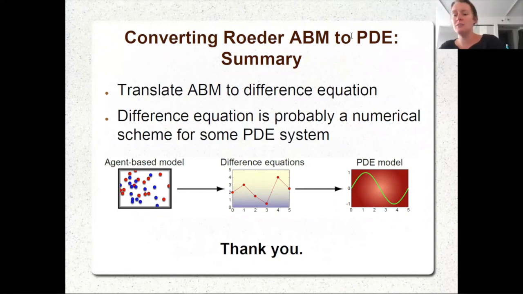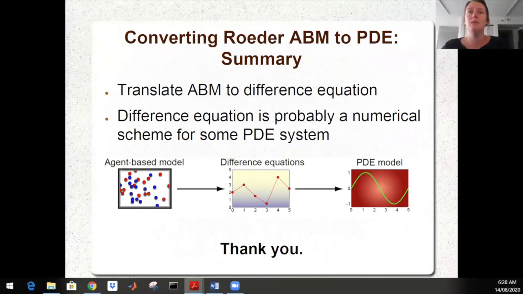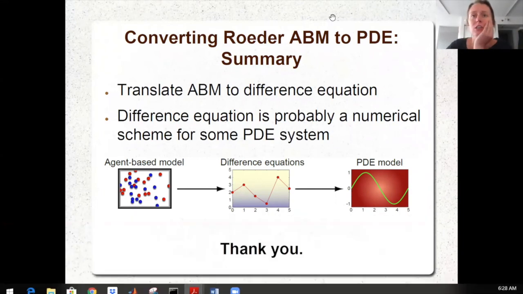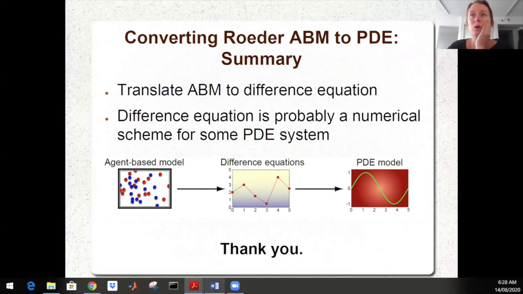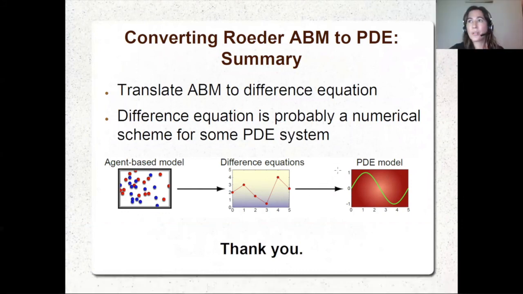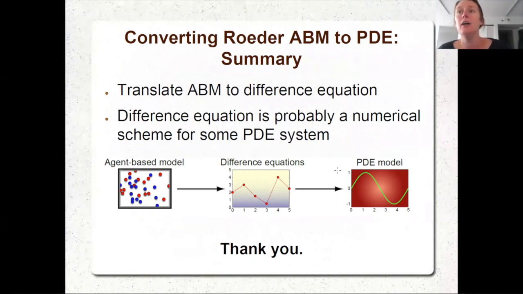Just before we say our final goodbyes today, there were a question or two in the chat that I wanted to pose to you so it could be asked. Yes, I'll do my best. Someone has asked if there is an advantage from going from agent-based models to difference equations to PDEs versus experimental data.